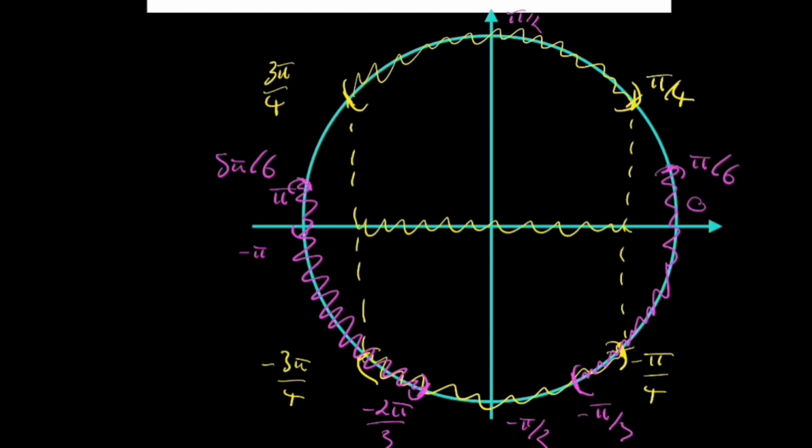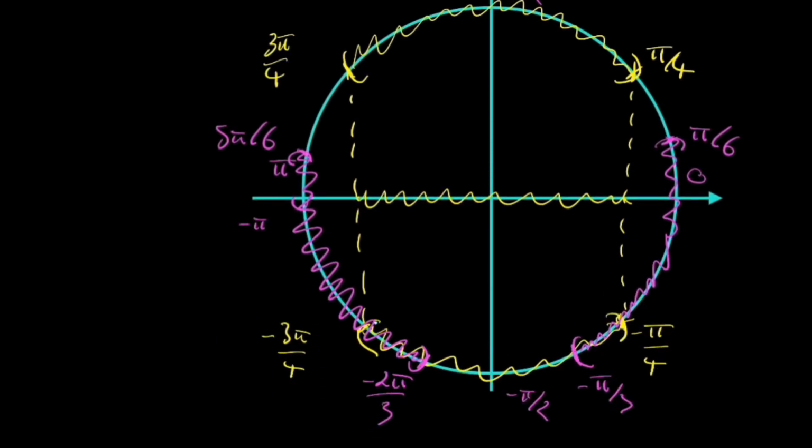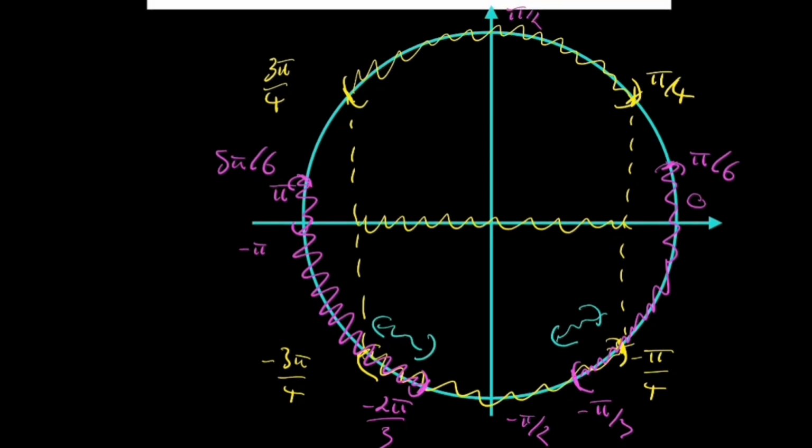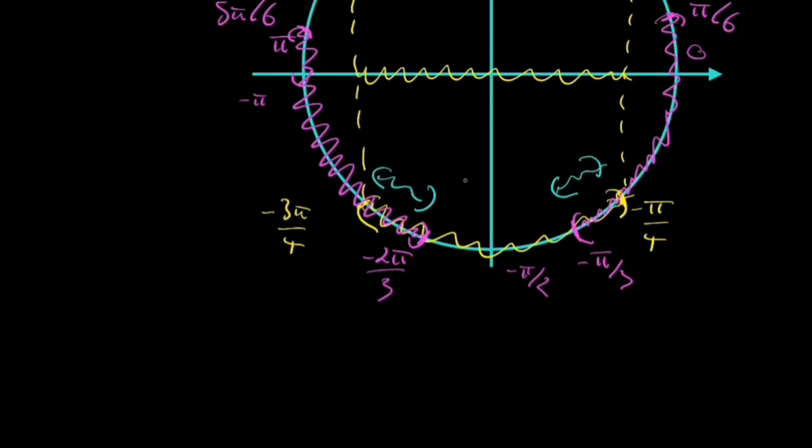And we are interested, so both our conditions are met where there is a purple zone and a yellow zone at the same time, which gives us this interval here, this interval here, and that's it. Okay, so our set of solution is the reunion of those 2 intervals.